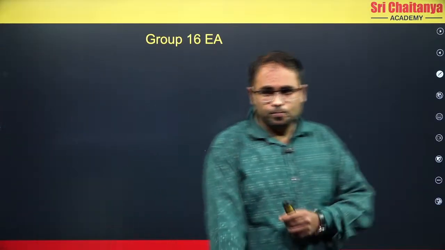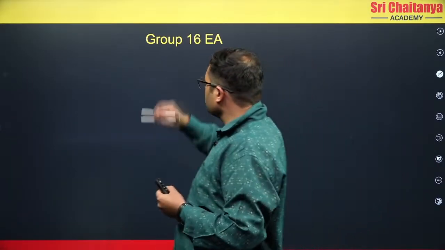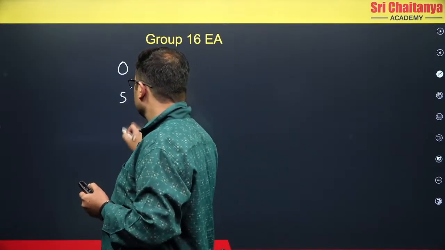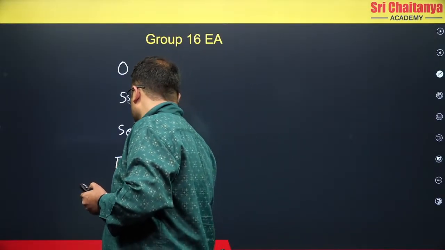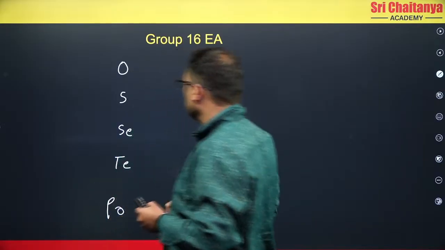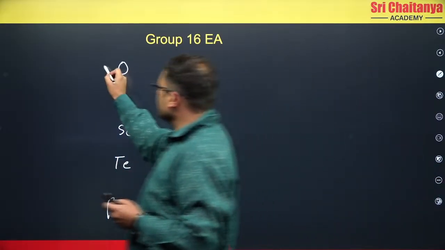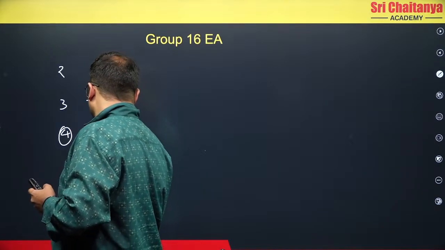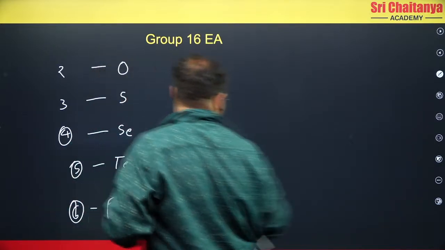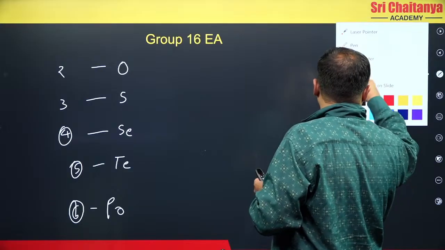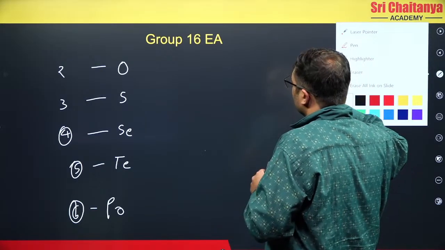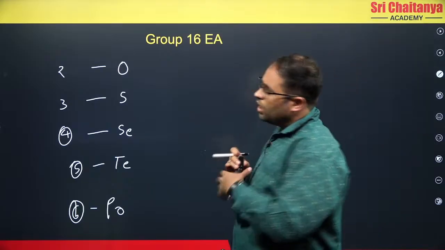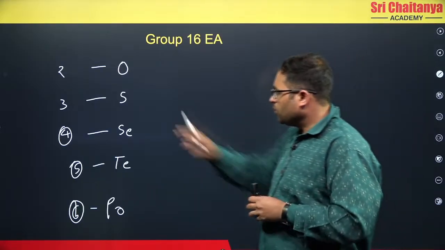Group 16. 16 group is which one? Right? This is from the second period, third period, fourth, fifth and sixth. Understand this very carefully, what happens here.